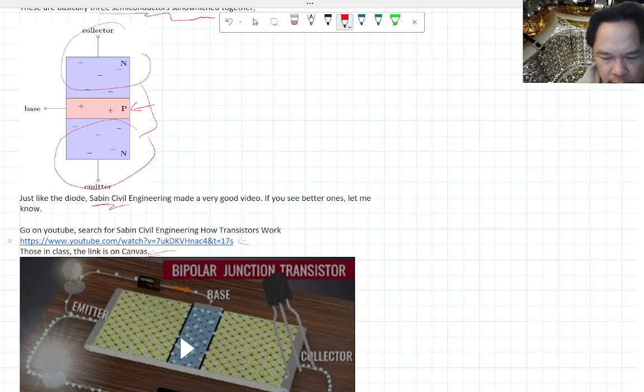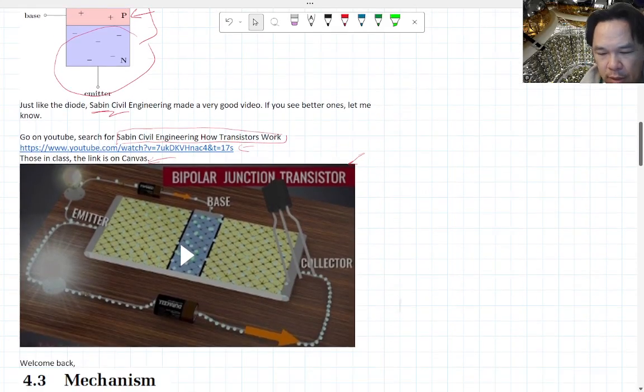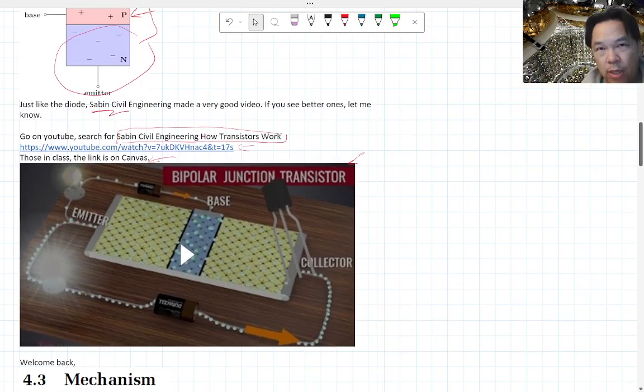Those of you who are not in the current class can search for Sabine civil engineering, how transistors work, to find this video. It's a great animation, and it's very useful for students to learn how a transistor works and remember it visually, instead of just me trying to describe little semiconductor sections to you. So I'll let you do that.